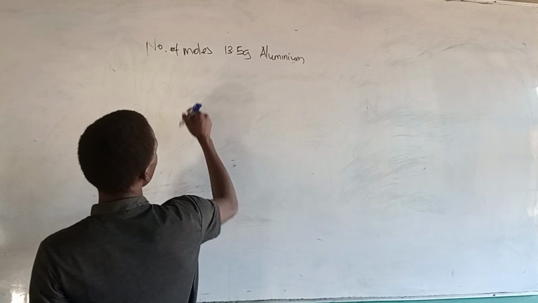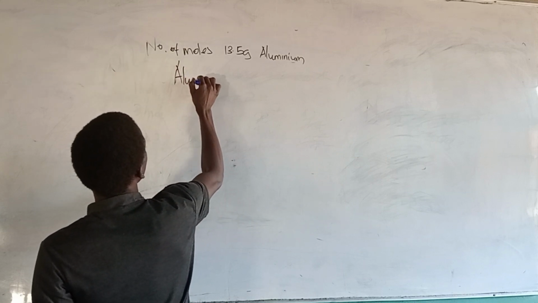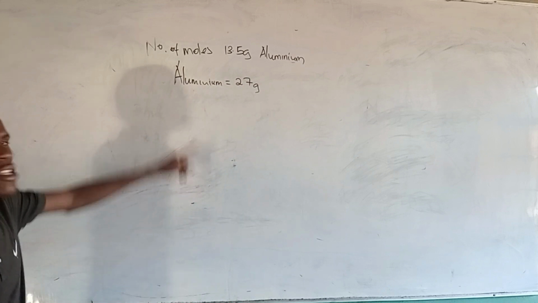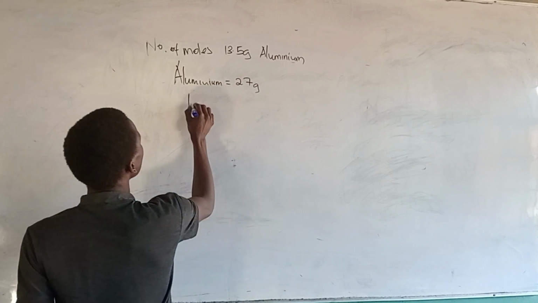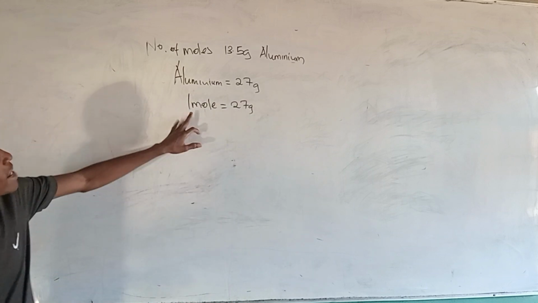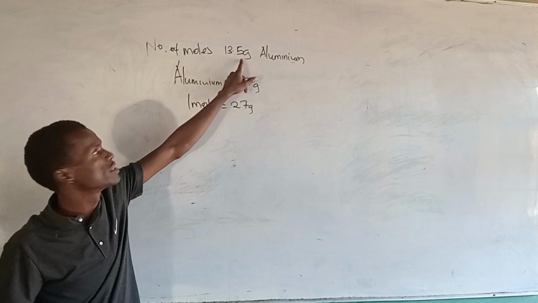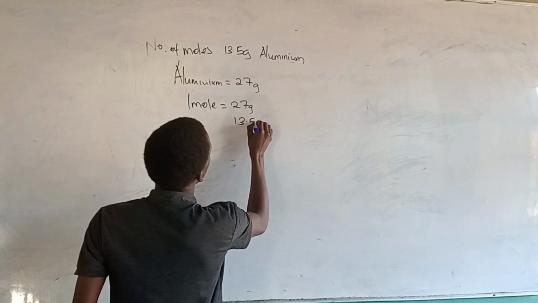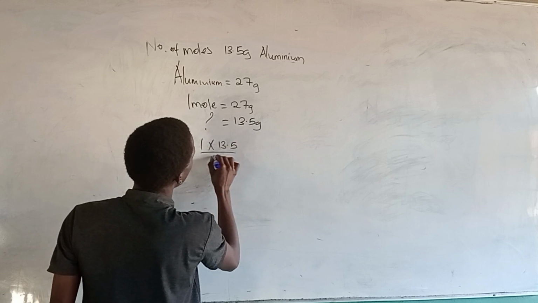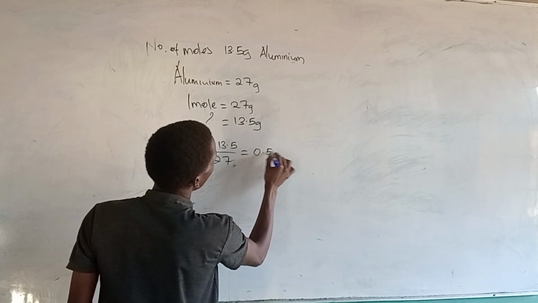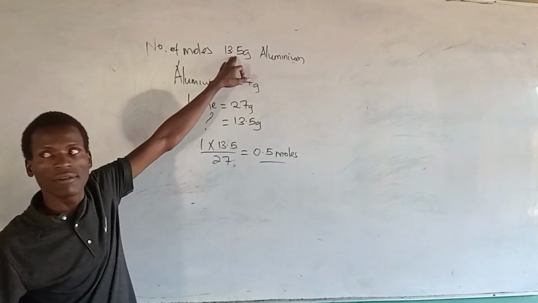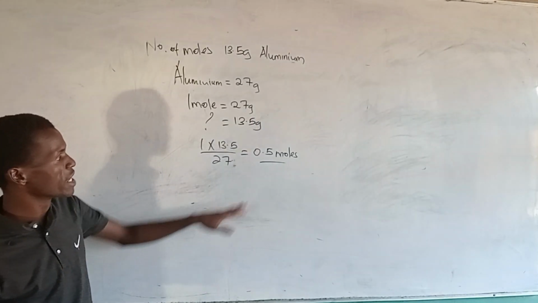We know the relative atomic mass of aluminium is equal to 27 grams, and this is always equivalent to 1 mole. So 1 mole is equal to 27 grams. Now, how many moles are there in 13.5 grams? We get 1 times 13.5 divided by 27. So automatically this is 0.5 moles. You can see this is half of 27, so we get half a mole.